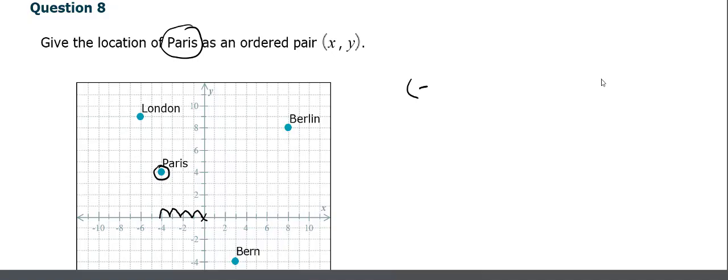So that means our x value is -4. And then from there, how far up or down do we move to be on that point Paris? In this case, we have to move up positive 4 places. So the coordinates of Paris would be negative 4, 4.